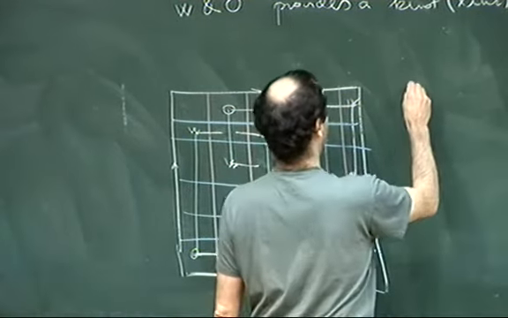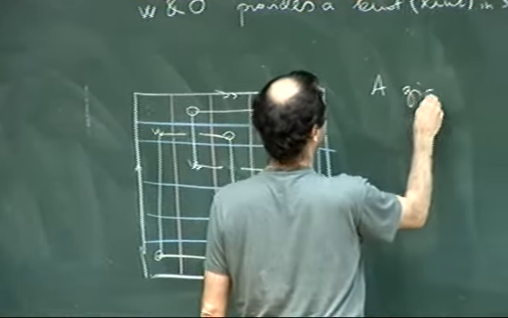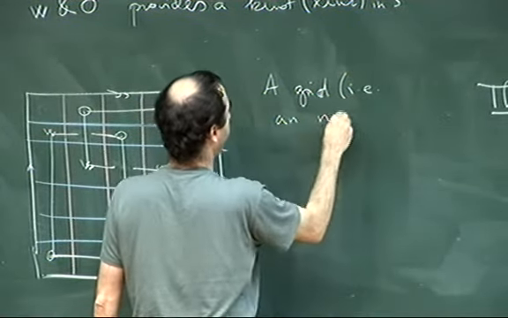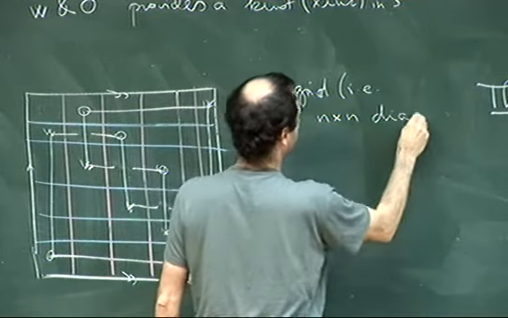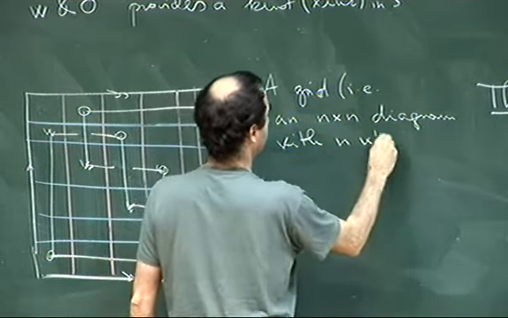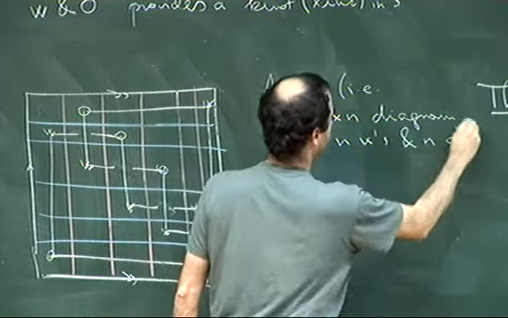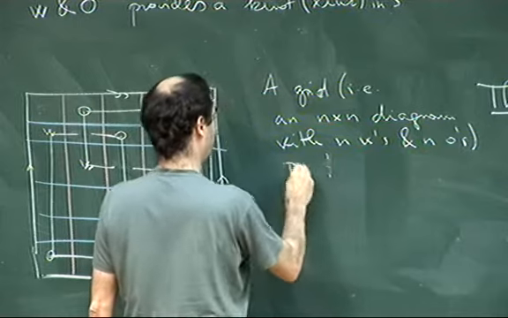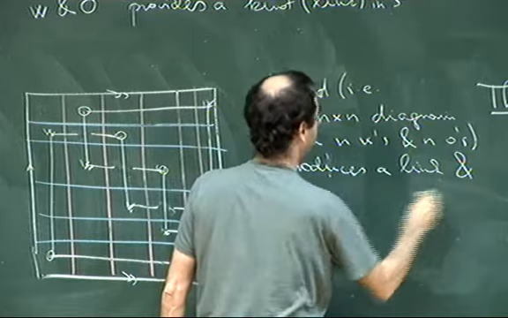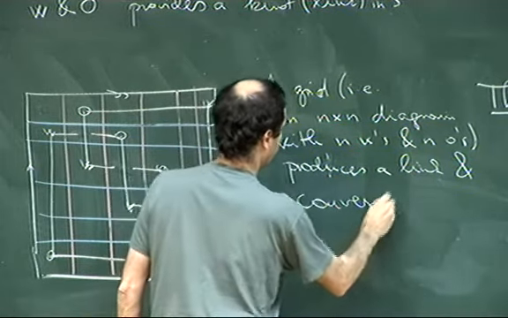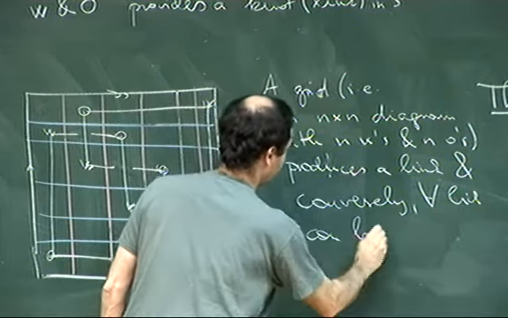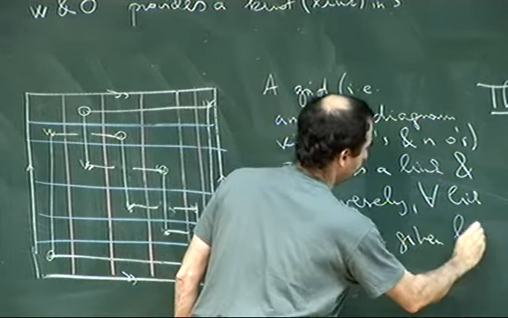So a grid, i.e. an n by n diagram with n W's and n O's, produces a link, and conversely every link can be given like this.